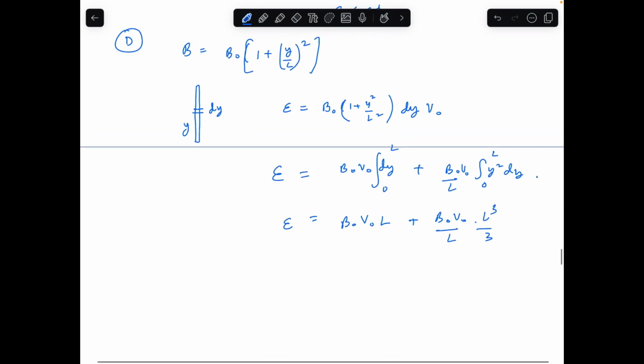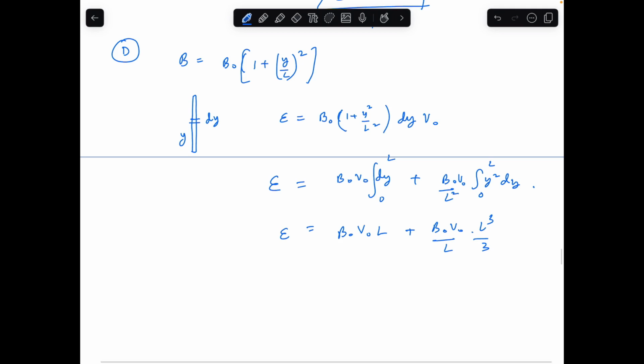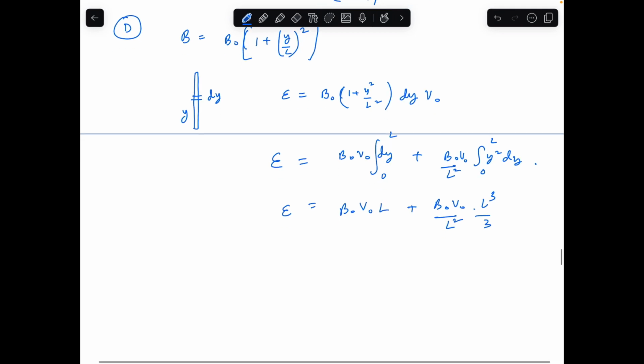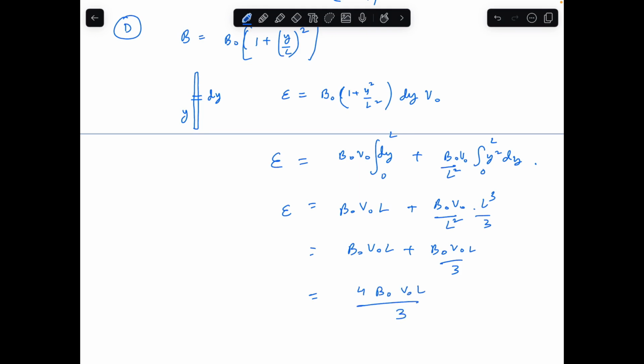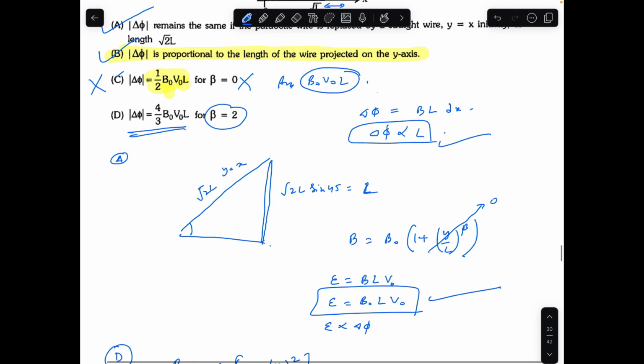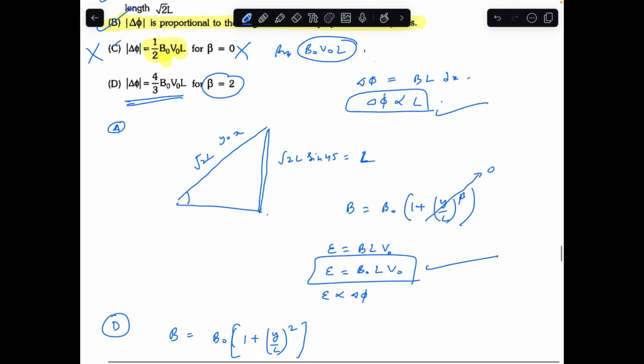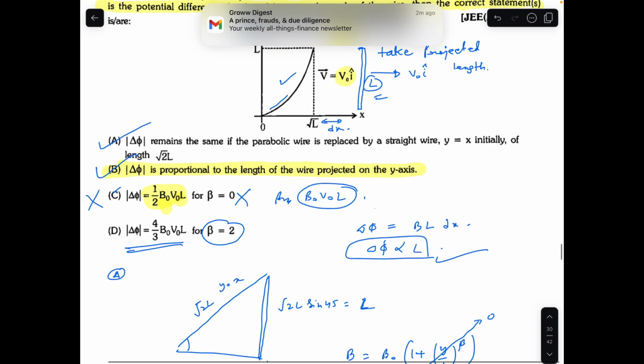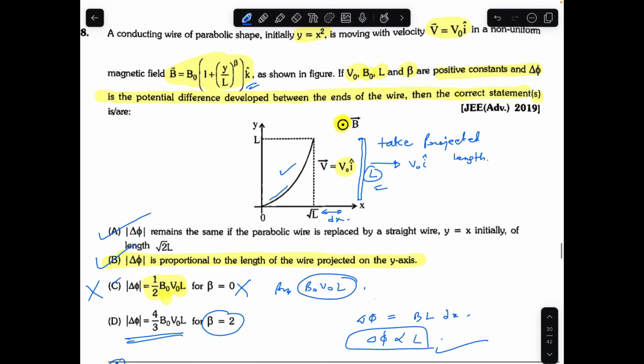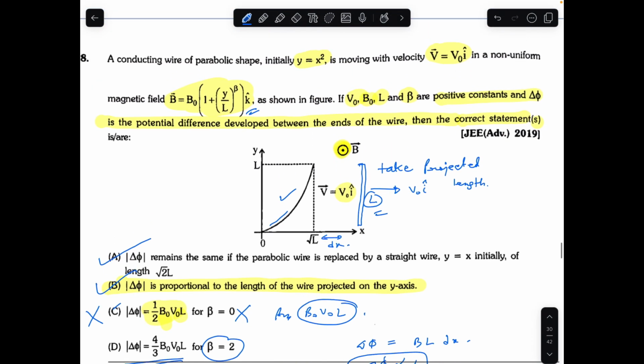L square was there, sorry, L square. So you get B naught V naught L plus B naught V naught L by 3. So you get 4 B naught V naught L by 3. So delta phi will be obviously proportional to that. I think they're taking delta t for 1 second.